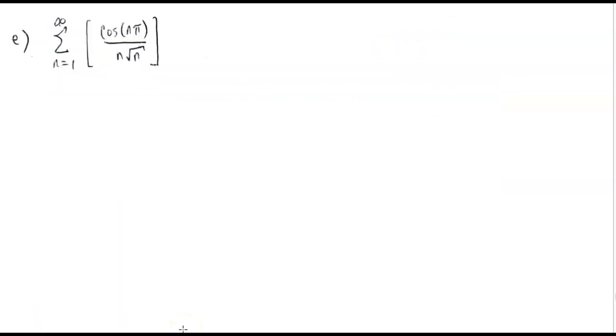All right, so for our next example, we have a series where the corresponding sequence that formulates the series is cosine of n pi divided by n times square root of n. One of the things we want to notice is that if n is equal to 1, then cosine of pi is going to be minus 1.